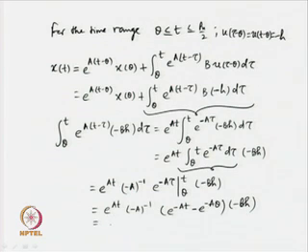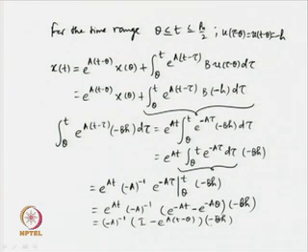I will keep this initially minus a inverse, then e to the power a t times e to the power minus a t will give you the identity matrix I minus e to the power a t minus theta, then minus b h.